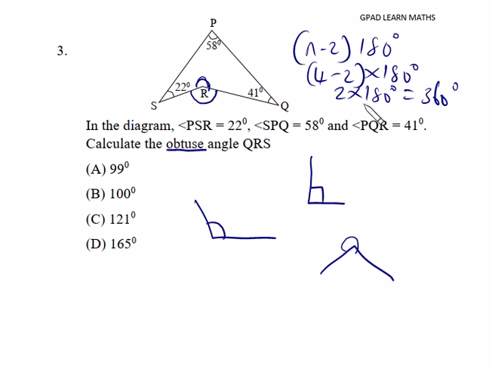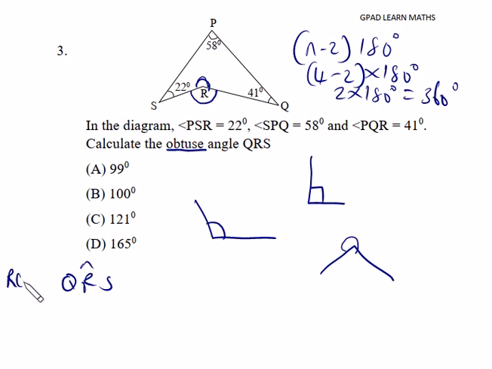All right, so I have this as 360 degrees, which means if I add 22 degrees, 41 degrees, 58 degrees, and this other reflex angle, which is the angle inside, I will get 360 degrees. So let's get reflex QRS first. Angle QRS, this is reflex.